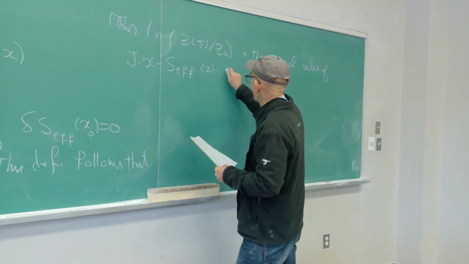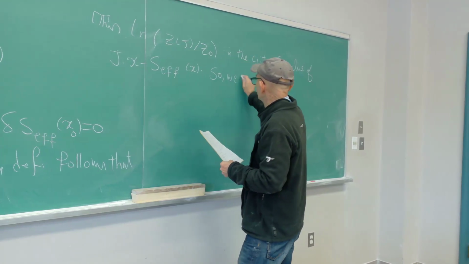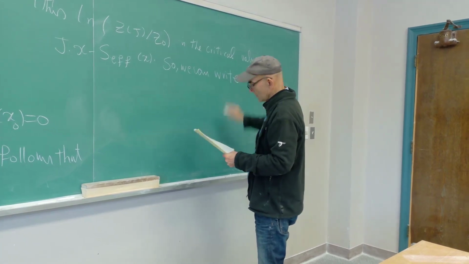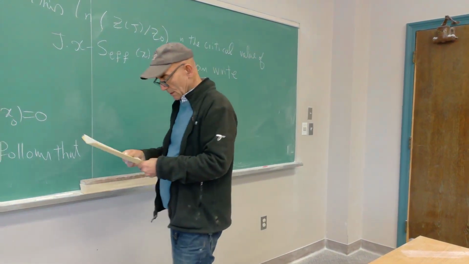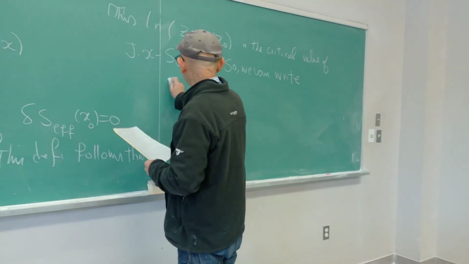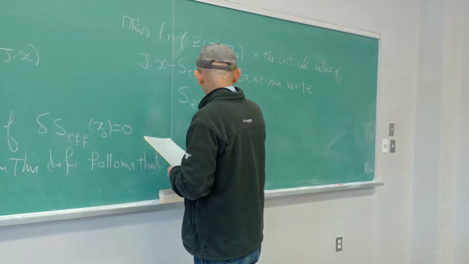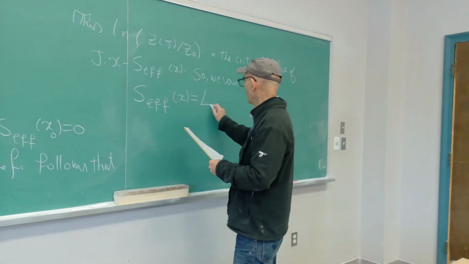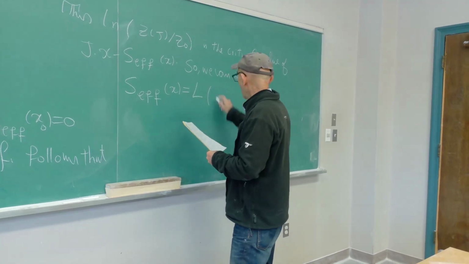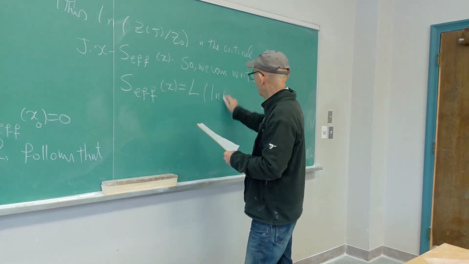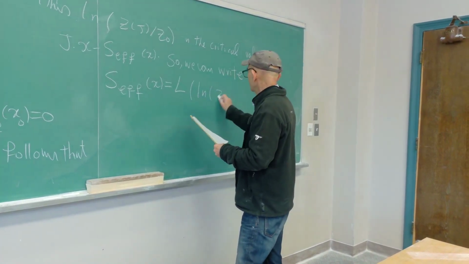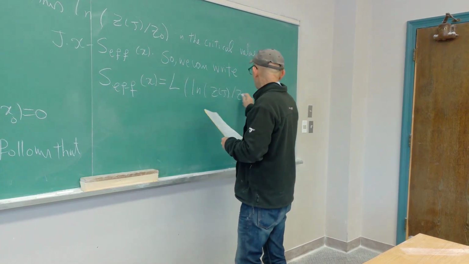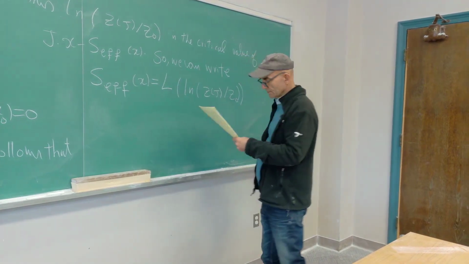So we can write that indeed S effective, that's what we wanted, of X is actually the Legendre transform of log of this partition function, generating function, Zj over Z0.